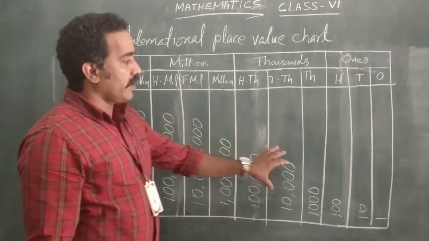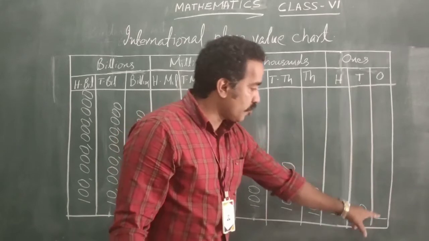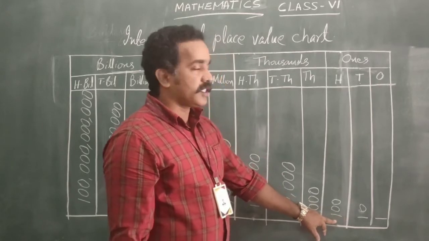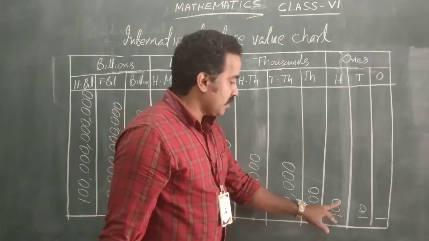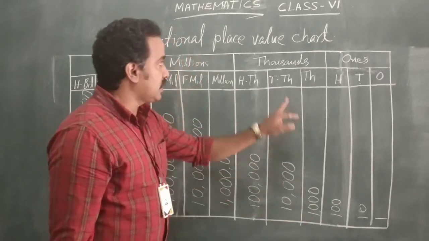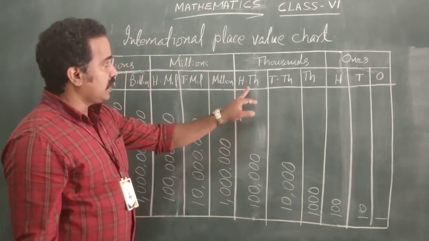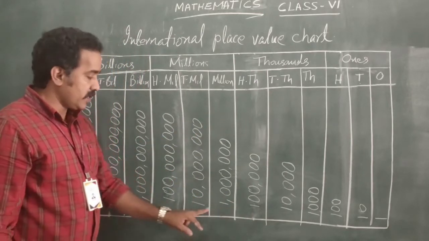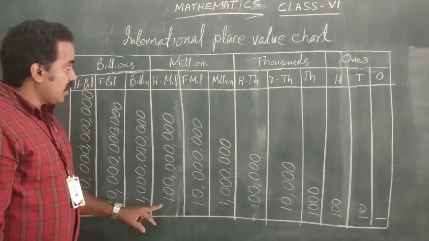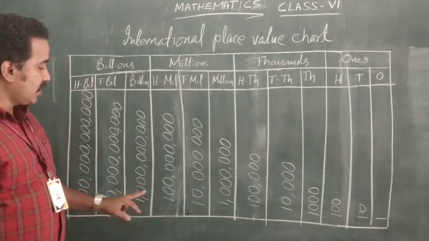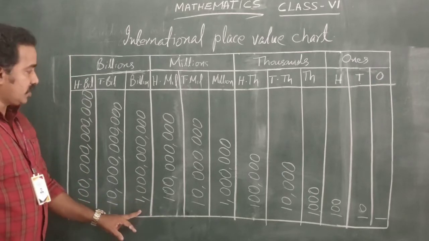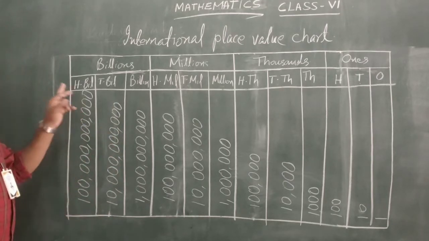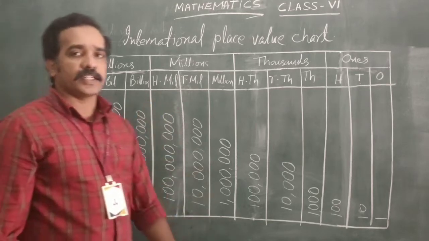If you look at the number of digits in each category: ones, 1 digit; tens, 2 digits; hundreds, 3 digits; then 1,000, 4 digits; 10,000, 5 digits; 100,000, 6 digits; million, 7 digits; 10 million, 8 digits; 100 million, 9 digits; billion, 10 digits; 10 billion, 11 digits; and 100 billion, 12 digits will be there. So this is the international place value chart.